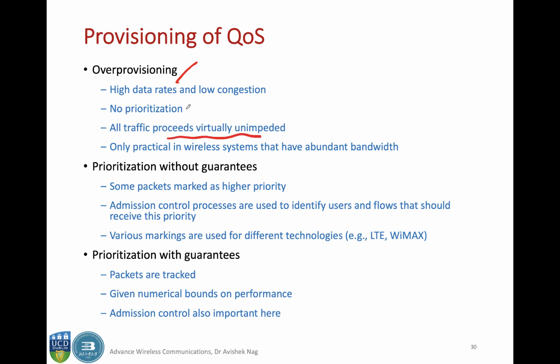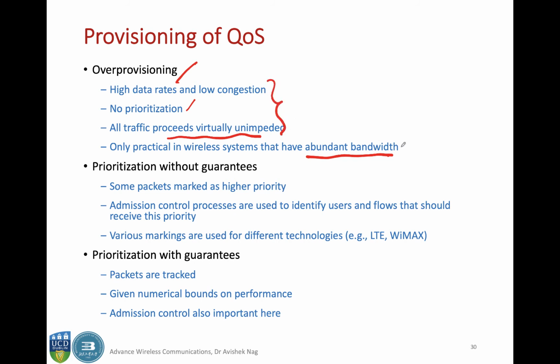There is no prioritization, and everything goes without any obstacle. This is only practical in wireless systems that have abundant bandwidth. If you have a lot of bandwidth, then you can do a bit of over provisioning.